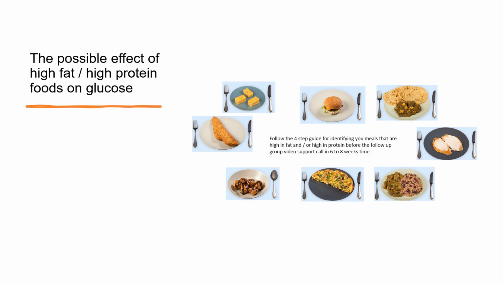This approach does not transfer from one particular meal to another. For example, the approach taken for fish and chips can't be applied to a different high-fat or high-protein meal, such as steak pie, creamy mash and vegetables. This can make it a long process, so participants may not have identified their meals before the follow-up call.